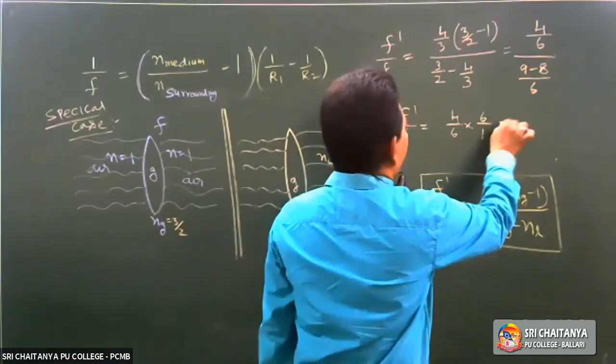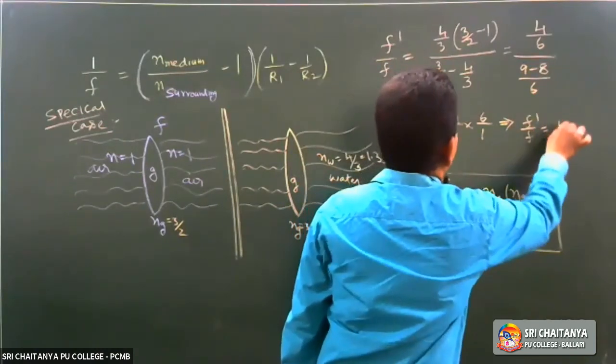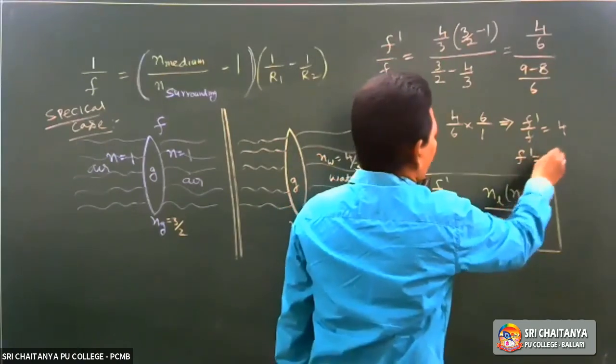So F dash by F is equal to 4. So F dash is equal to 4F.